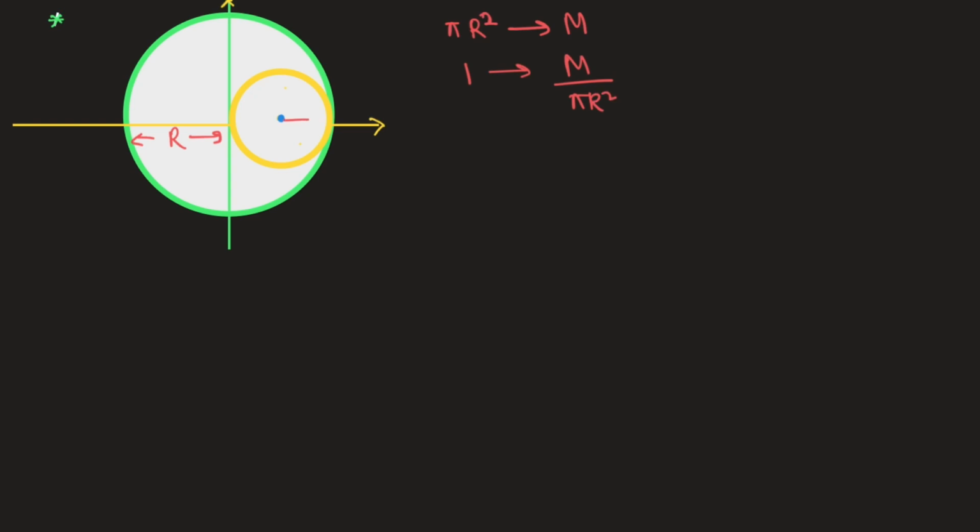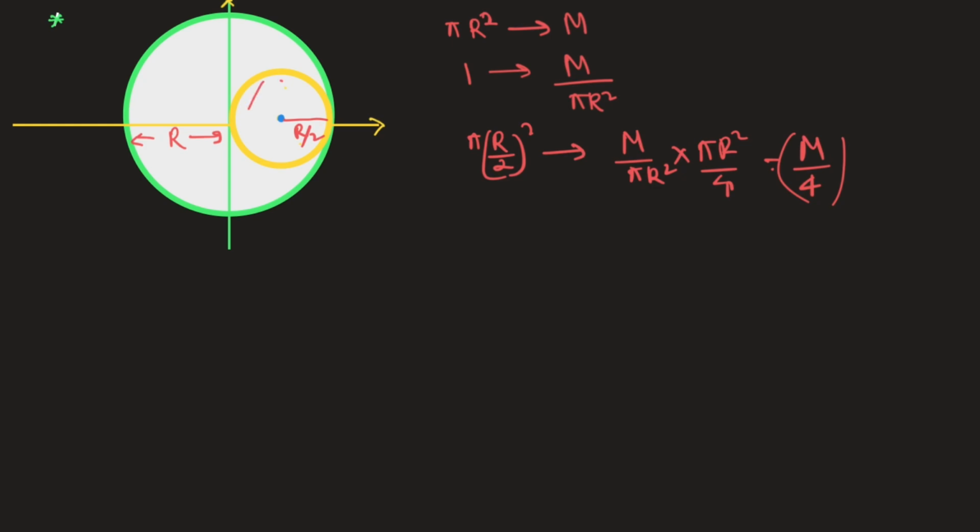If the area is pi r square by 4, then the mass will be M divided by pi r square into pi r square by 4, that will be M by 4. It means the mass I remove from this one is M by 4.